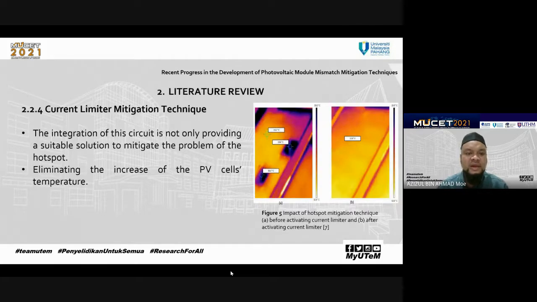And the fourth is the current limiter mitigation technique.